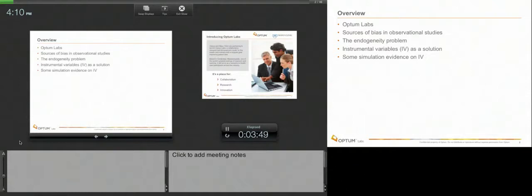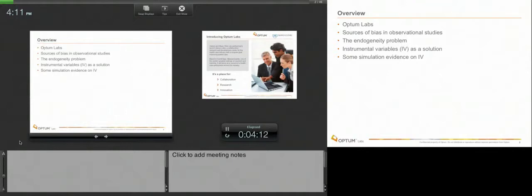So there's a lot of literature, and very early on I was using a lot of this work in outcomes research, where it hadn't been used very extensively. The methods have really been developed mostly in the labor economics literature.